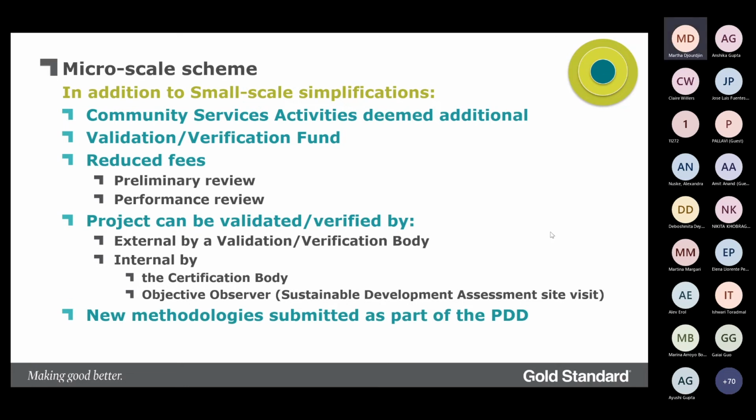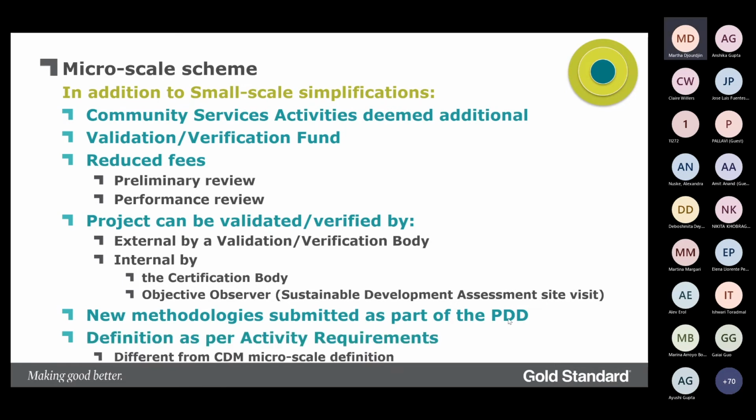Another simplification that is introduced for the microscale scheme is that new methodologies can be submitted as part of the project design document, and there doesn't need to be a separate process of submitting methodologies. So how do we define microscale scheme? That is according to the microscale project requirements and as per the activity requirements.